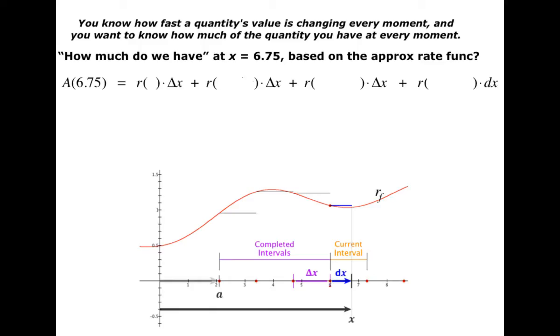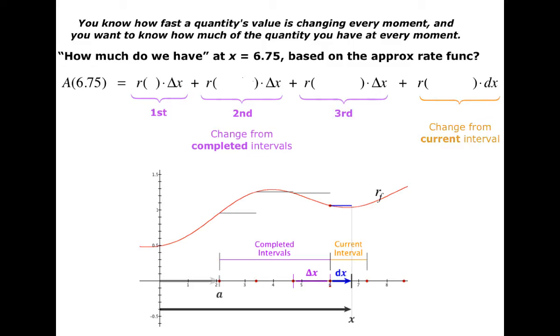So how many completed intervals do we have? 3. Okay? Then the fourth interval is the current interval. So calculating the net accumulation at 6.75 would mean summing up the accumulation from the 3 completed intervals, and then the change from the current interval.